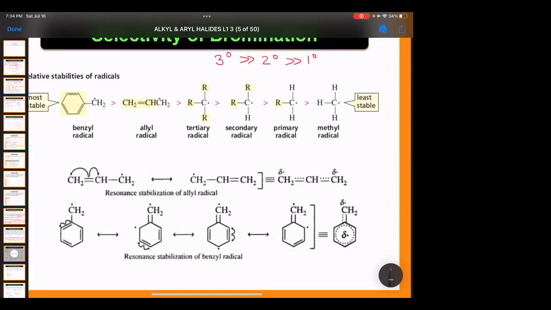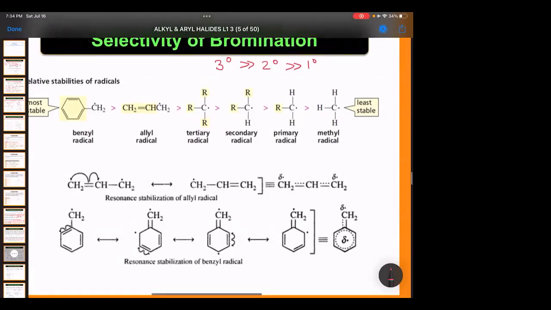But why can tertiary hydrogen break most easily? The answer lies in the radical which is formed after abstraction of the tertiary hydrogen. Suppose a Br radical comes and takes away the hydrogen radical along with it. What is left behind on the carbon? A carbon radical.